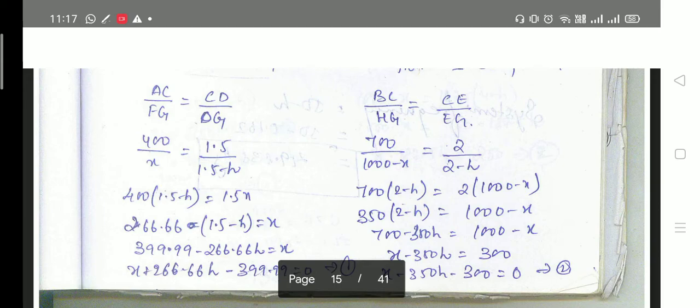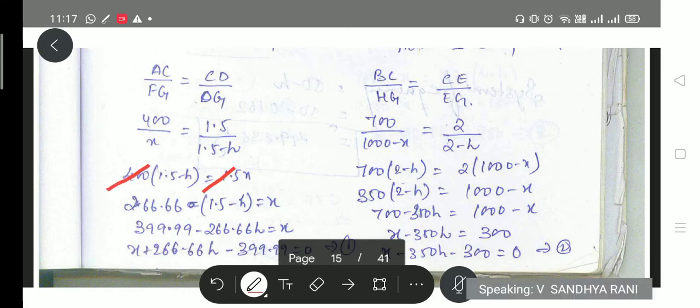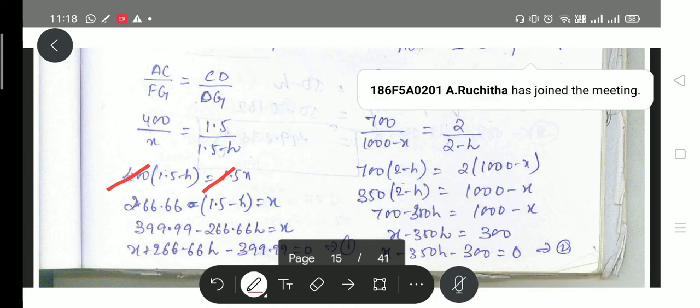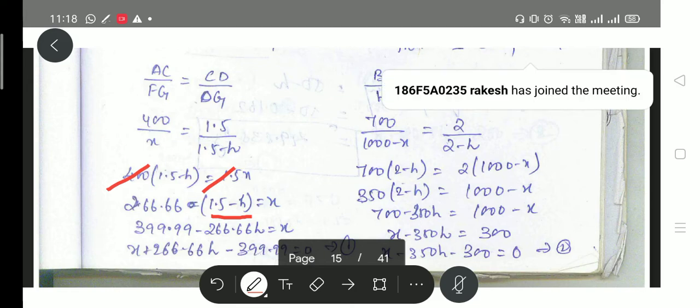First you can divide with this one, 266.66 into (1.5 minus H) is equal to X. After that you can multiply, then we will get 399.99 minus 266.66 H is equal to X.